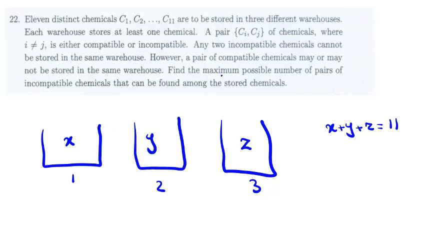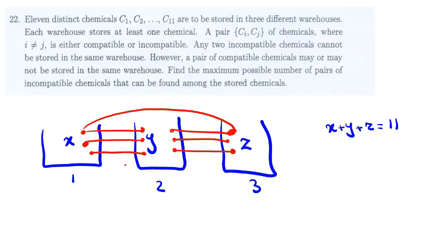Because we want to maximize the incompatible chemicals, if we consider any elements between different warehouses, they are incompatible, while inside a warehouse all pairs should be compatible. So if I call the number of pairs of incompatible chemicals n, then n equals xy plus yz plus xz.